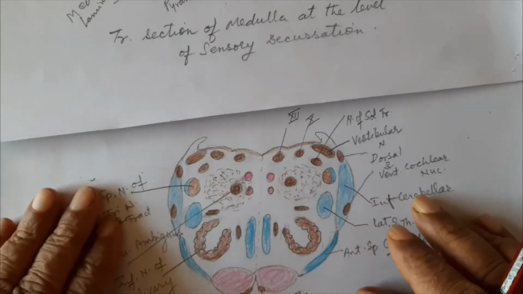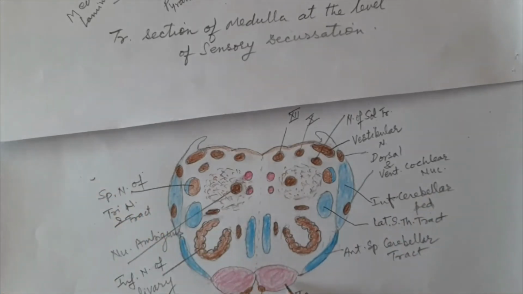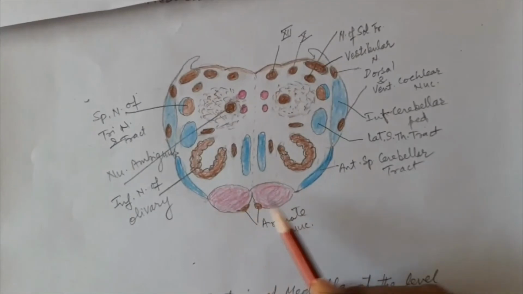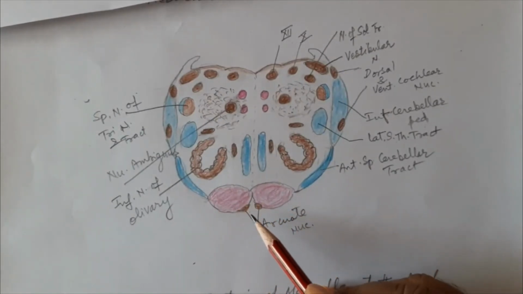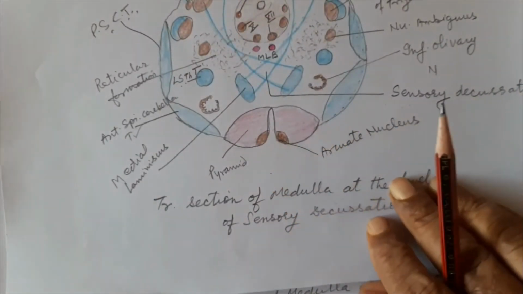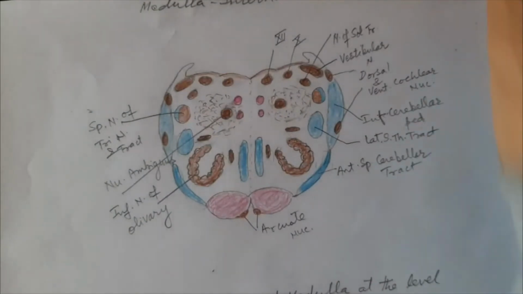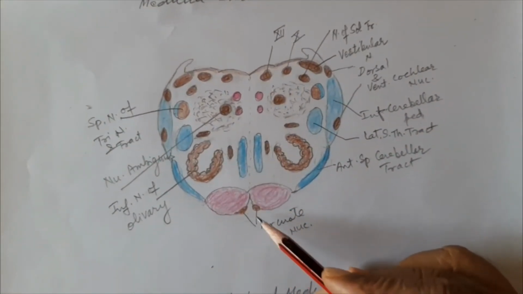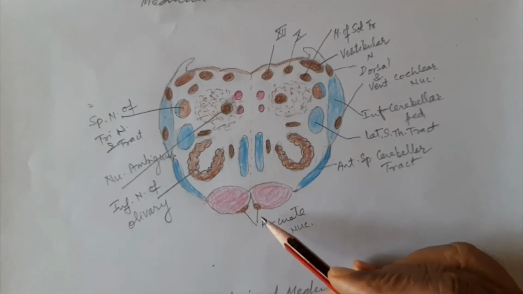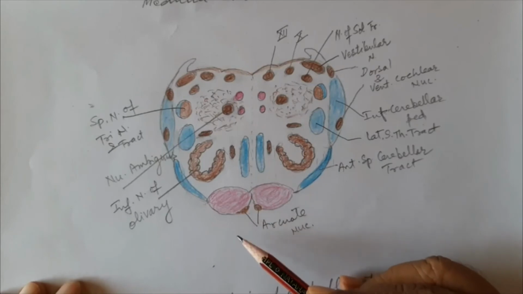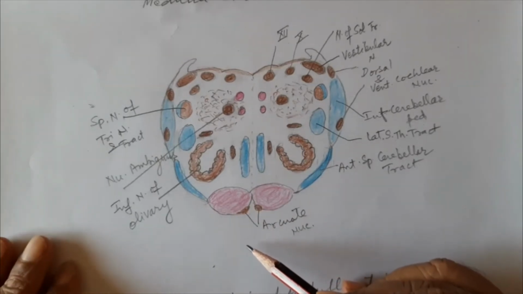Now coming to the pyramidal tract. This is the pyramidal fibers in the pyramids. As I said in the previous section, it is in the same position, and they carry the corticospinal motor fibers, which after decussation will form the anterior and lateral corticospinal tracts. Then there is the medial lemniscus.